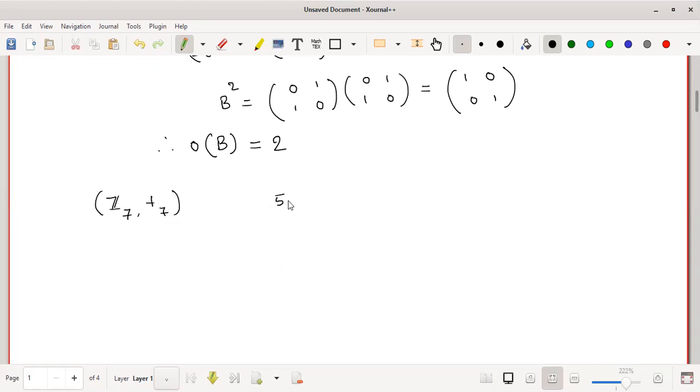So what will be 5 square? First of all, 5 is not the identity element, that is, 5 is not equal to 0. 5 square is 5 addition modulo 7, 5. 5 plus 5 is 10. 10 by 7, so 3 is remainder. So this is 3.